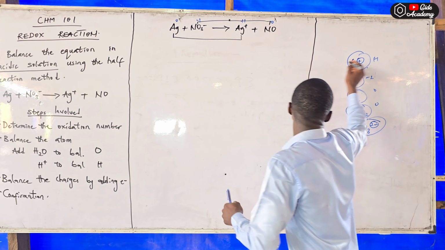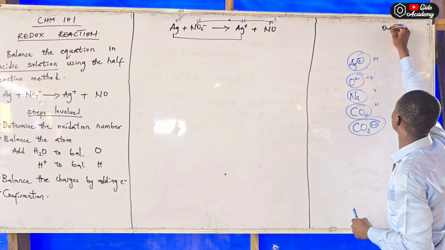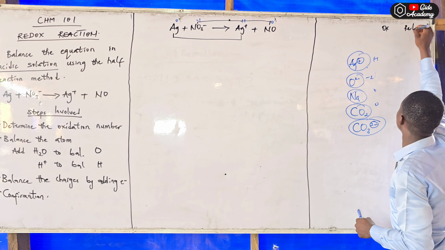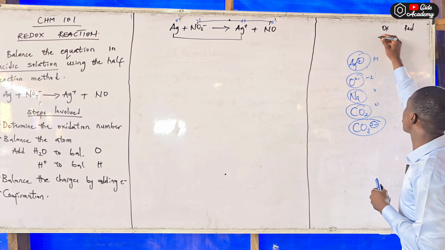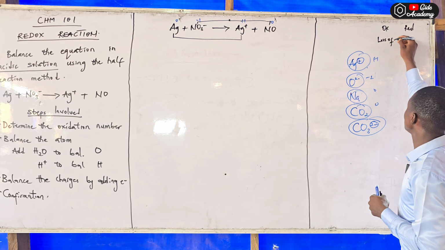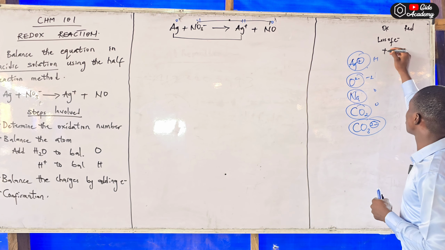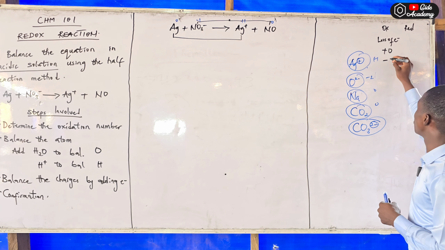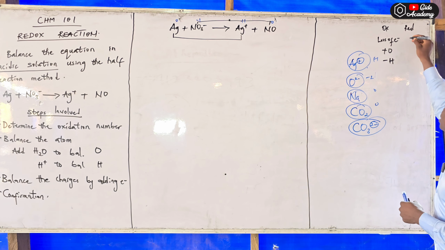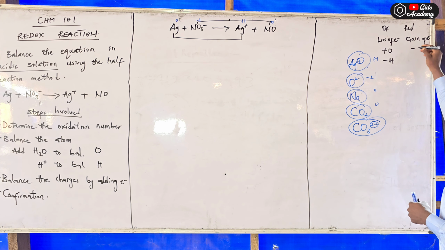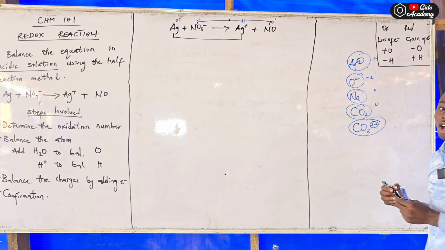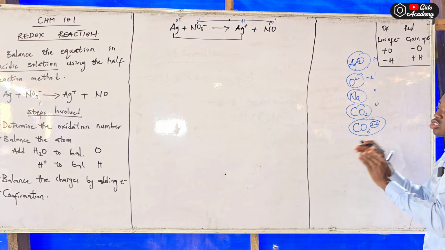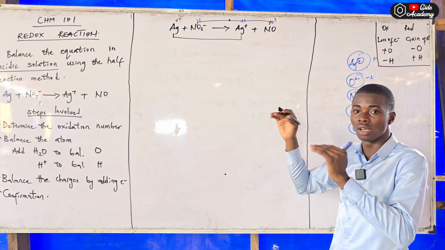Remember, here is oxidation, here is reduction. We believe that oxidation is loss of electron. Oxidation is addition of oxygen, while it is removal of what? Of hydrogen. While reduction talks about the gaining of what? Of electron, removal of oxygen, and addition of what? Of hydrogen. So if you can put this in the back of your mind, there is no problem you cannot solve regarding balancing of redox reaction.